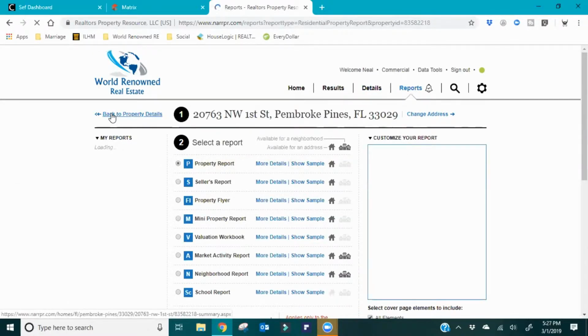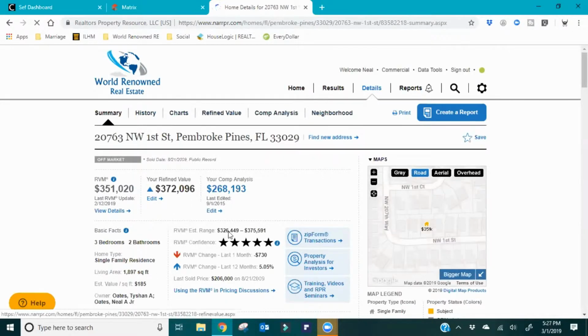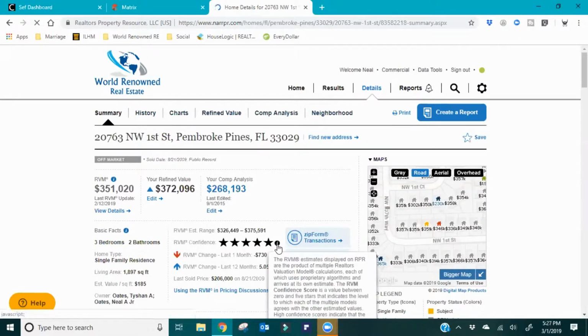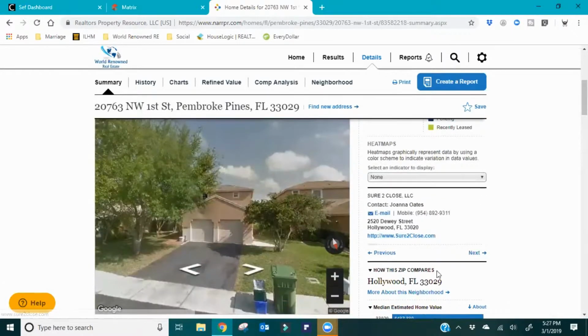But for the purpose of this video, I want to show you something a little bit different. Here you'll see how confident the RVM, the Realtors Valuation Model, is, based on the number of stars. But I'm going to show you something off on the right side of the screen.